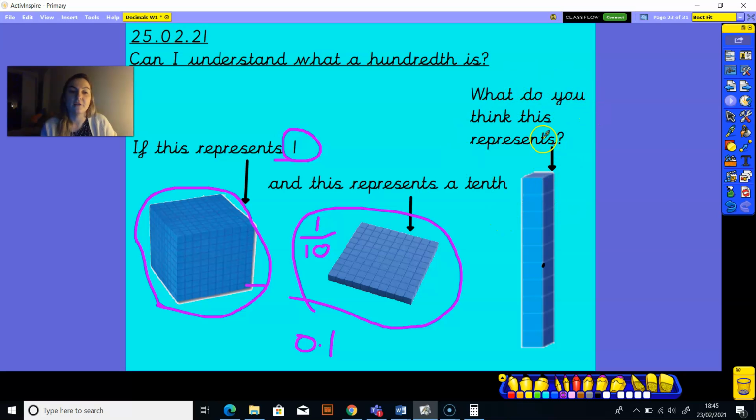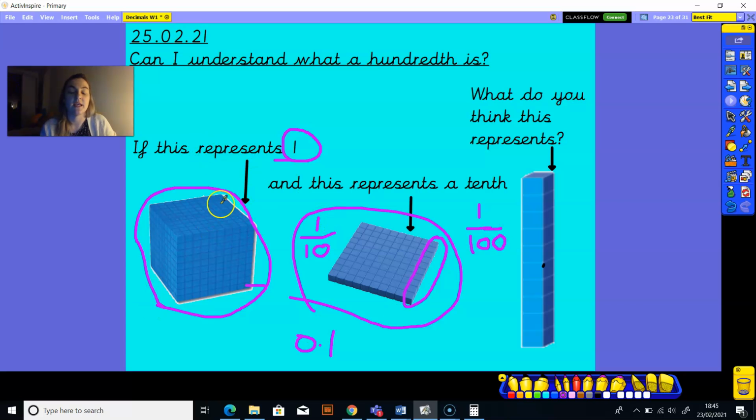Now, I've kind of already given you a clue, but this represents a hundredth. So, in each of these tenths, we have got a hundredth. So one of these. And you would write a hundredth like this if it was a fraction. We're going to move on to how you would write it as a decimal in just a moment.